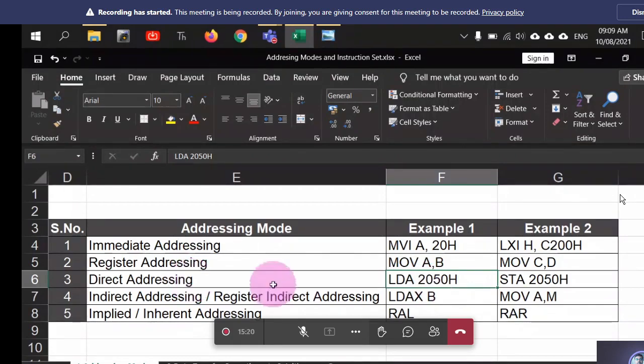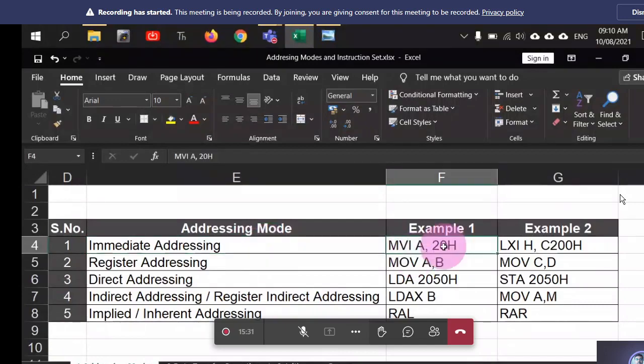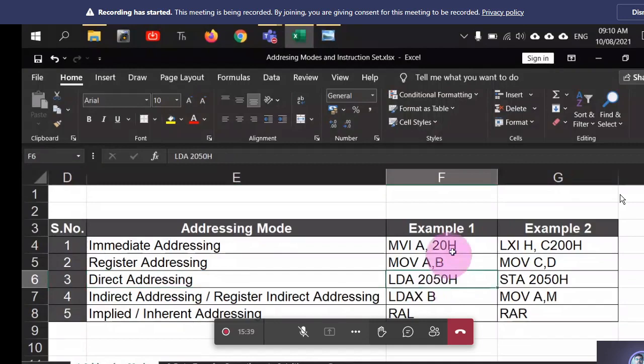So there is a difference between the direct addressing mode and the immediate addressing mode. Immediate addressing mode is there when the data is directly available inside the command, and the addressing mode will be called direct addressing if the address is available in the command, right? If the data is available in the command, you don't even have to think about the address. So it's immediate addressing.